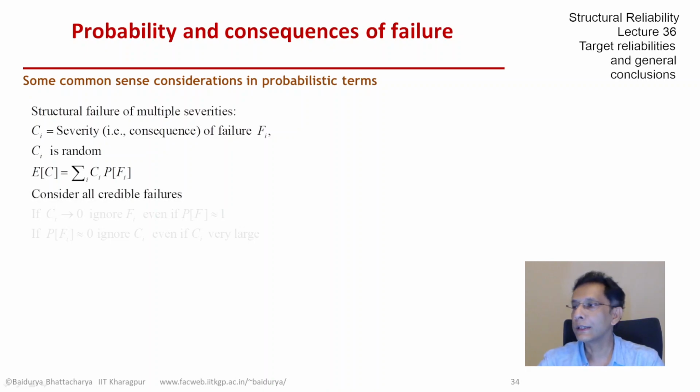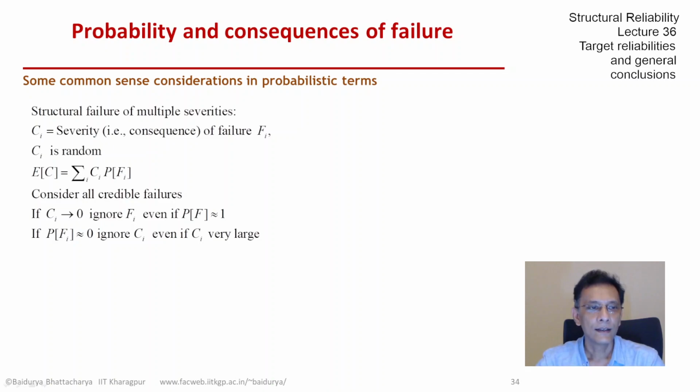Now, just like we did in the previous slide, where we considered all the credible hazards, here we should consider only the credible failures. Which basically means if the consequence is negligible, then we ignore that failure, even if that P of F is very close to 1. On the other extreme, if something is extremely unlikely, then we should also ignore that, even if the consequence is very large.